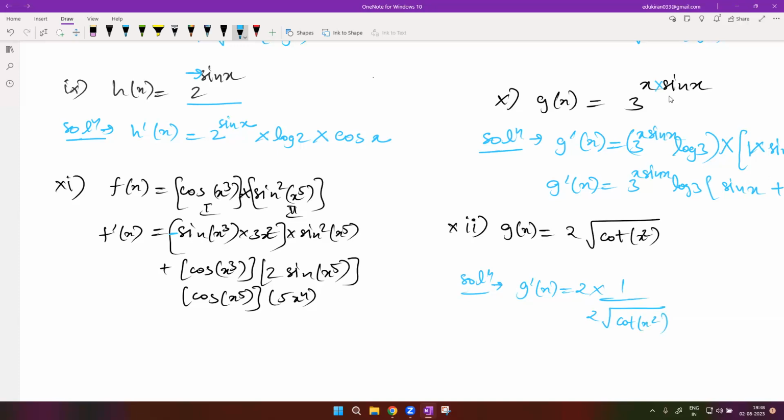Now the differentiation of cot is minus cosec square inside x square. Then we will go to x square, which should be 2x. The 2s you can cancel out. So the final answer must be g dash x is equal to minus 2x. So I think it was incorrect.